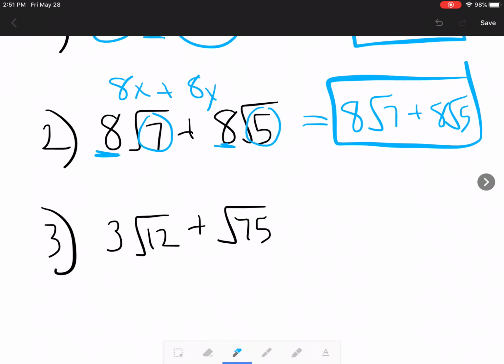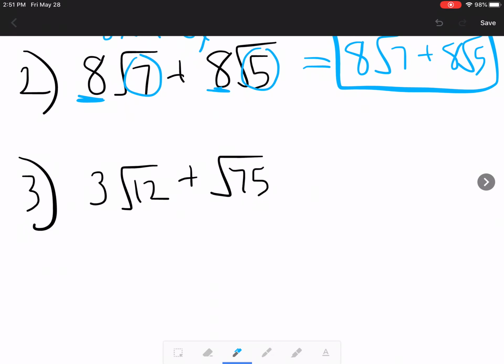Now, number 3 here has a bit of a tricky problem. It looks like we can't do anything with it yet. Now we need to use some of our simplifying skills. So for example, I know that 12 is 4 times 3. And I know that 75 is 25 times 3. What I have here are some perfect squares. And what's going to leave me with is 3 in the radical. So my 4 will come out as a 2, and I'll be multiplying that by the 3.